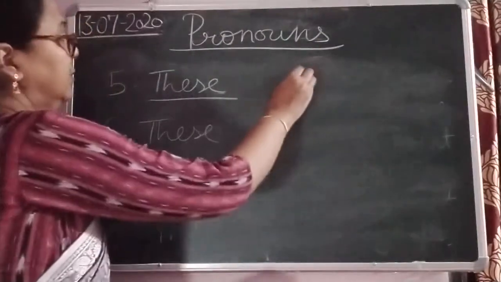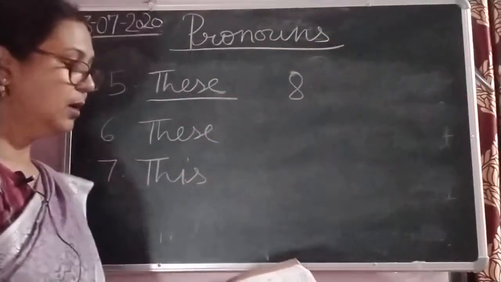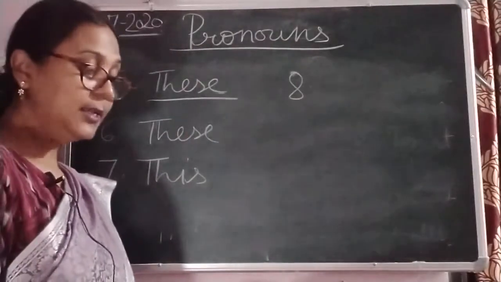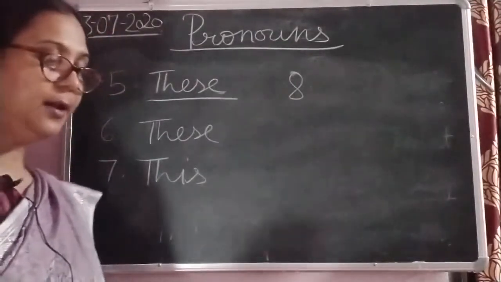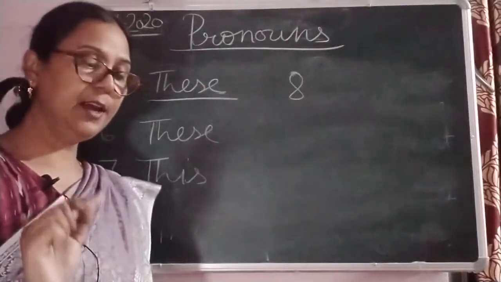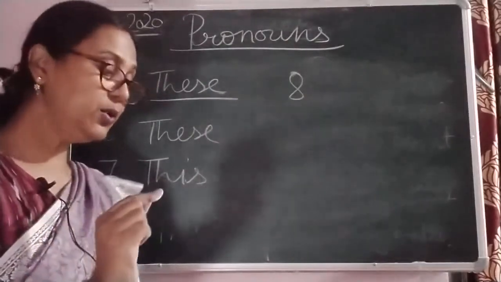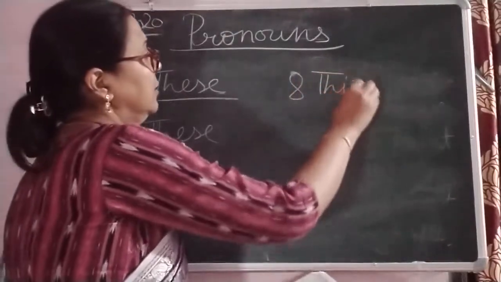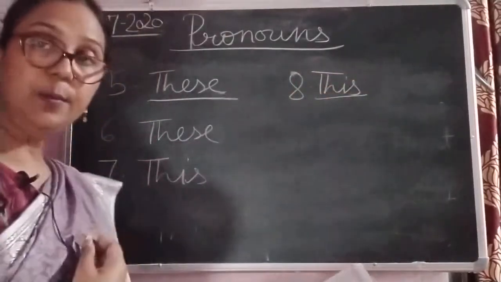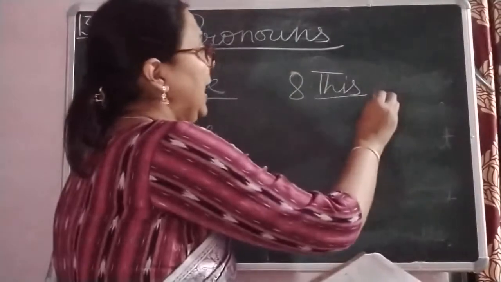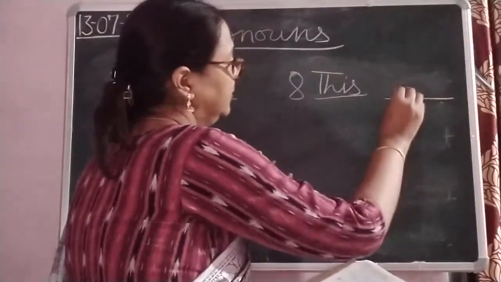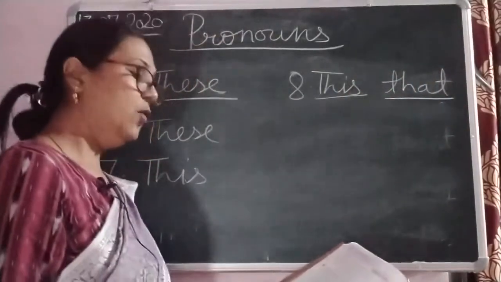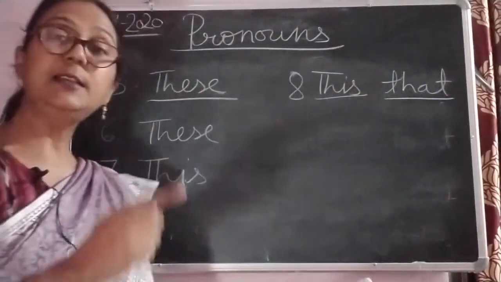Now 8, that is my book, or this is my book, and dash one line there is yours. So we are going to start with this is my book and that one line there is yours.